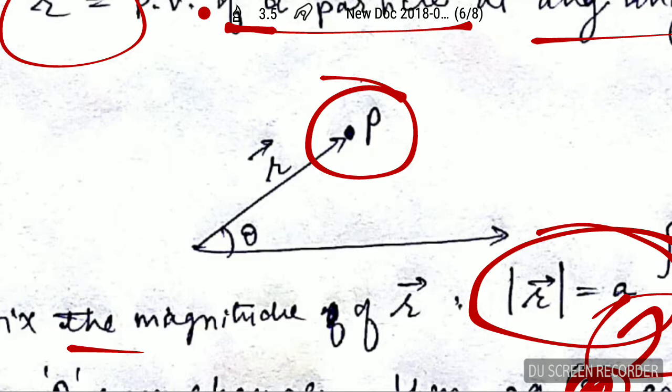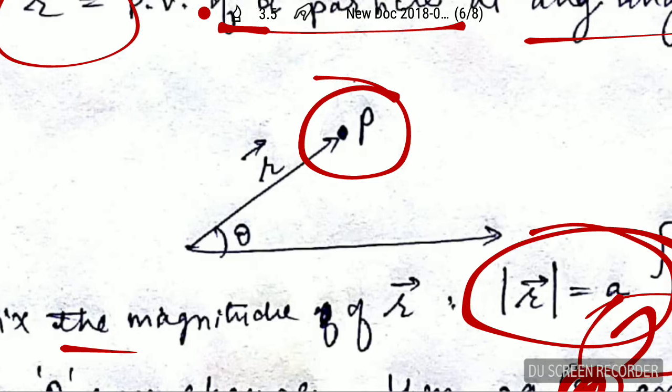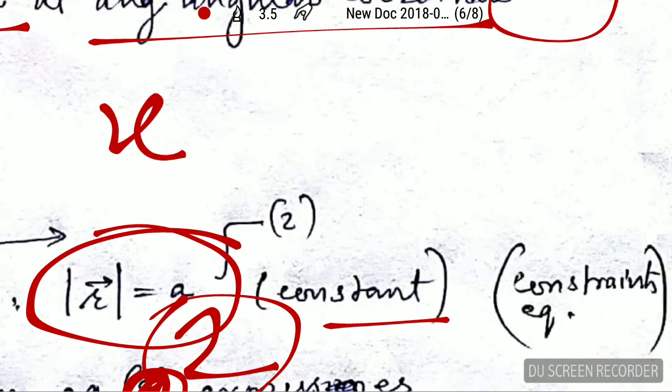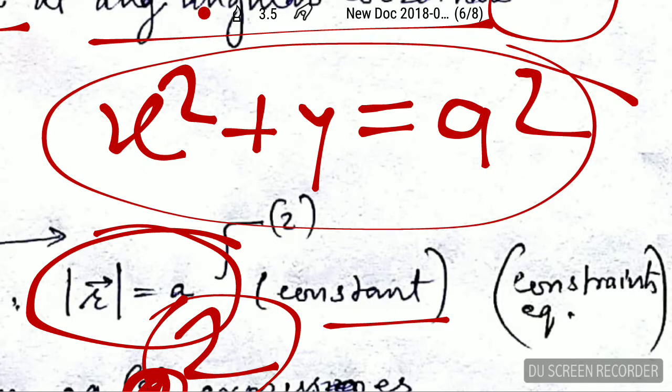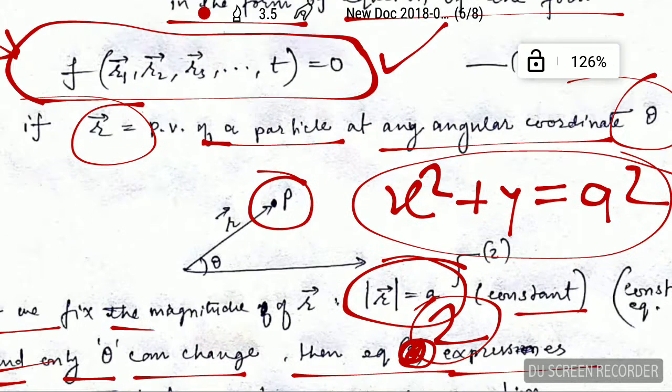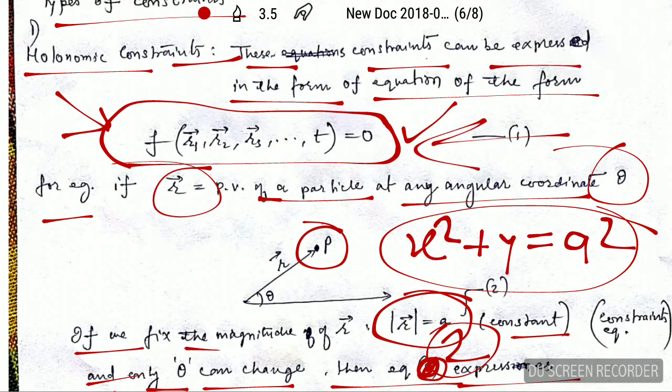That means p will trace a circle, and that circle is x squared plus y squared equals a squared. So this is the equation of the constraint which has the same form as written here.